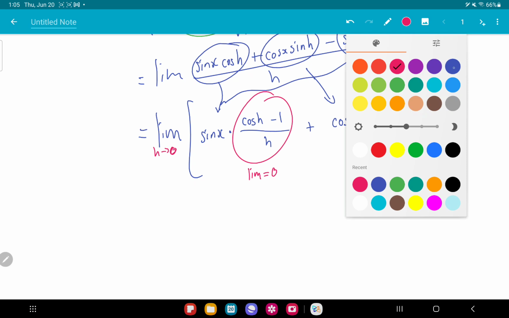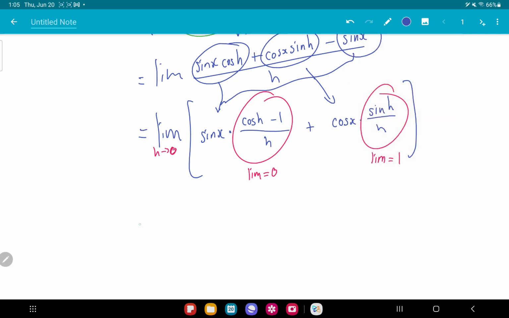Now, doesn't that work out nicely? So we get 0 plus cos x times 1. So we get the cos x that we were so hoping for.